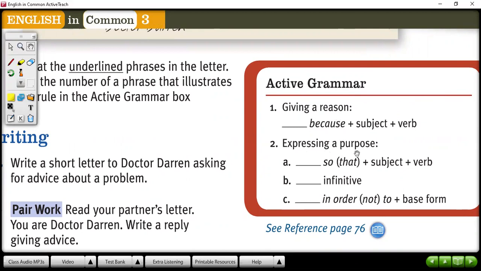Expressing a purpose: so or so that plus subject and a verb, or infinitive, or in order to. You can use one of them to express purpose. Okay, that's all. Good luck.